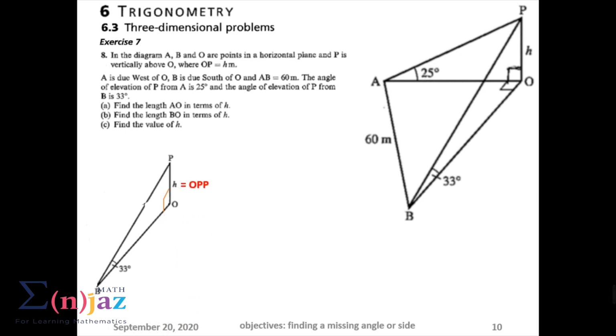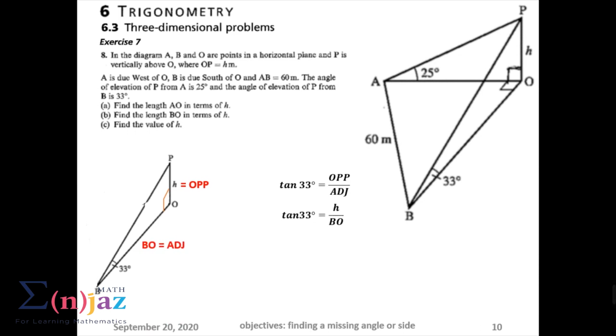This is the opposite side to angle 33 and OB is the adjacent side. Once again, we're going to use the tan rule. So tan of 33 is equal to opposite over adjacent. Let's substitute in this rule. Opposite is equal to H, the adjacent is equal to BO. So tan of 33 is equal to H over BO.